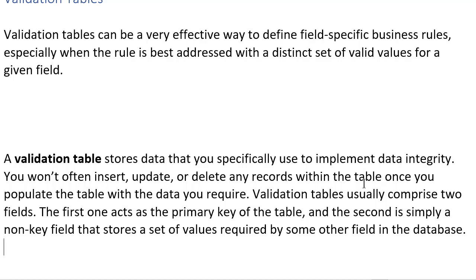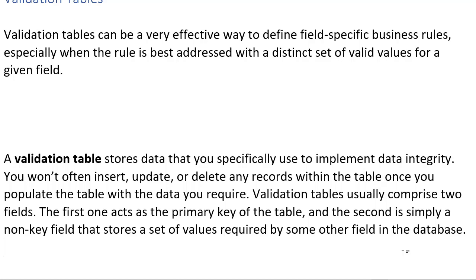A lot of times that validation table will be made up of two fields. The first one acts as the primary key of the table, and the second one is simply the non-key field that has the values that are required in your database. So let's say, again, I wanted to link up to the employee table.